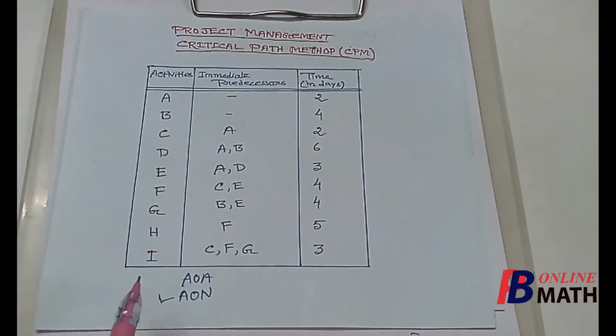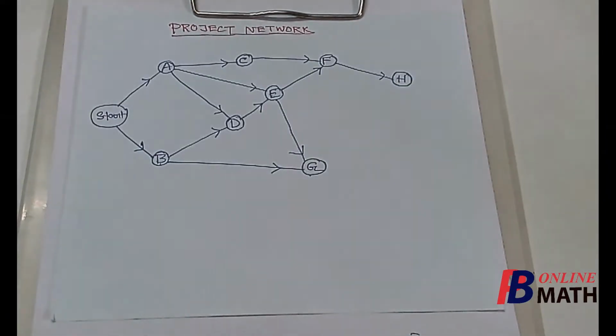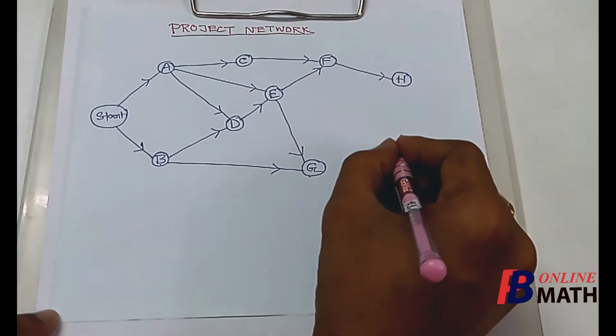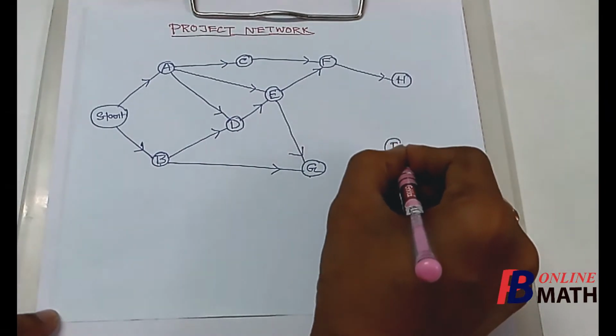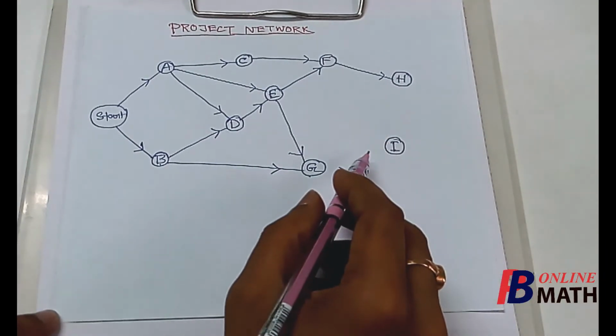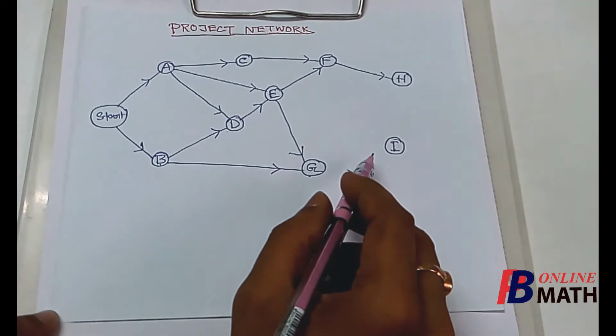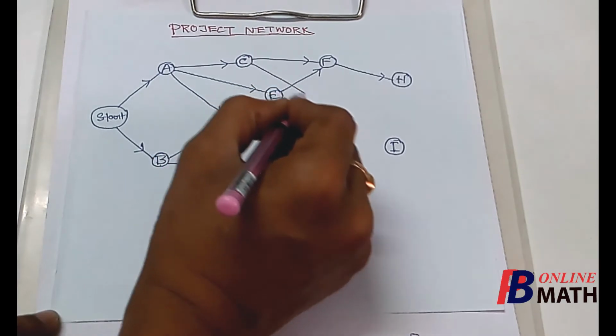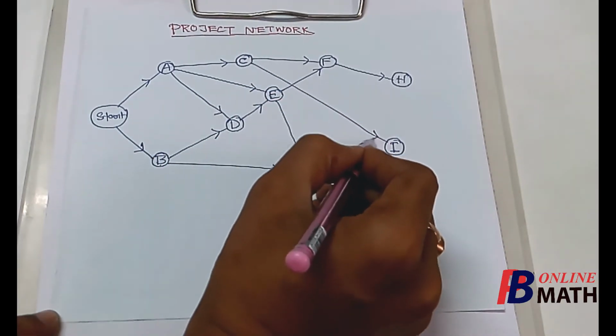And the last activity is I, which has three immediate predecessors, which are C, F and G. So we represent the activity I by this node, which has three immediate predecessors, C, F and G. So we connect these two nodes by this arc.